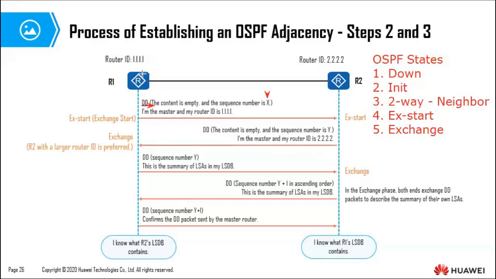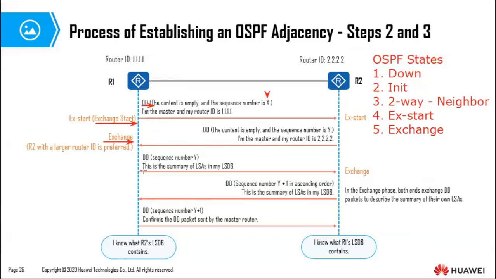So when this guy, and please note, exstart simply means exchange start, when router 1 receives the empty DD database description from R2, it transits to the exchange state.